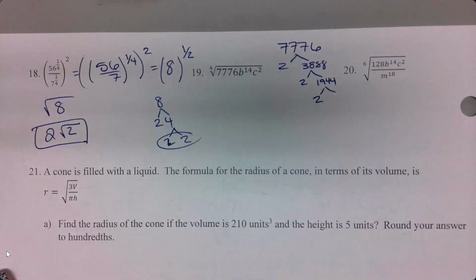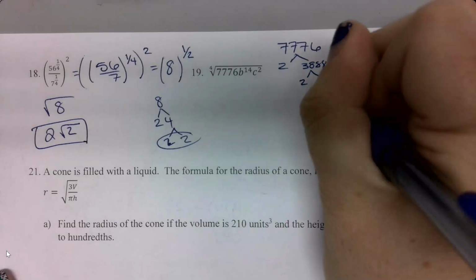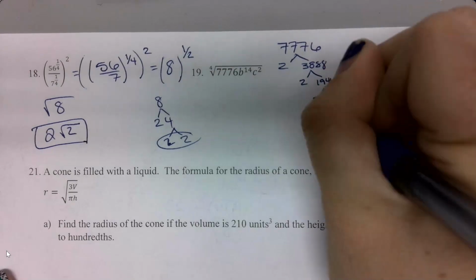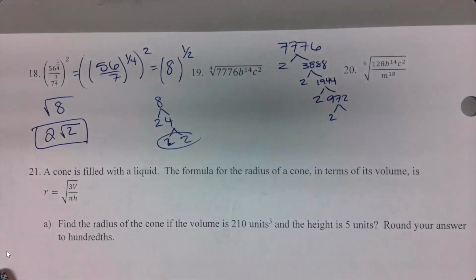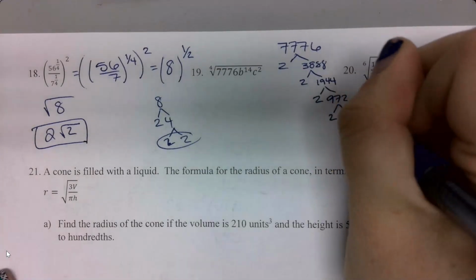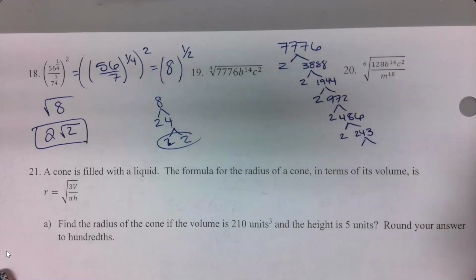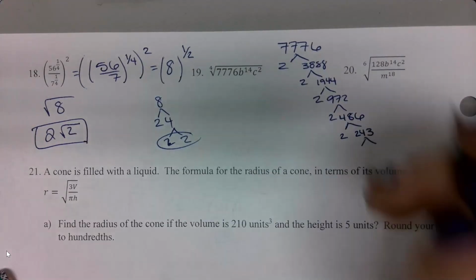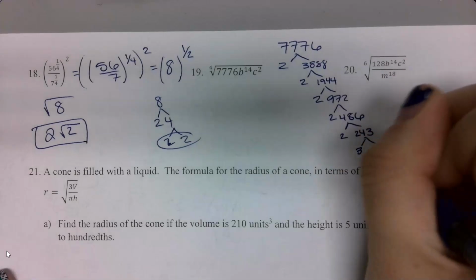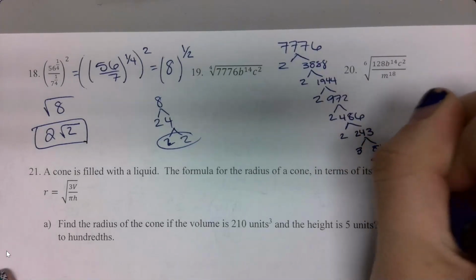I know that one's even. 972. 36. 24. 3. 3 and 81. 9 and 9. And then a bunch of 3's.